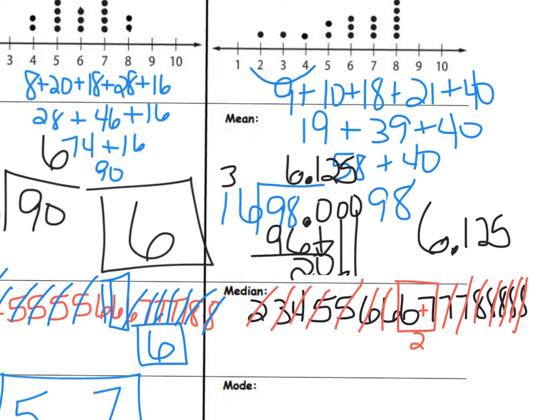So 6 plus 7 is 13, and 13 divided by 2 is what? 6.5. Yeah, because 2 goes into 13 6 times. You have a remainder of 1, add a 0, and that's 5 times.